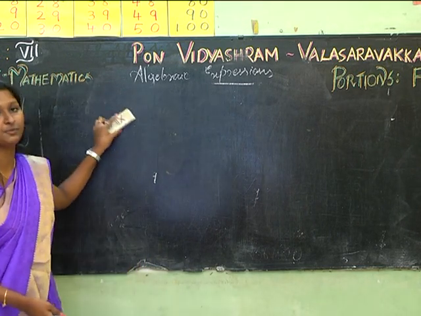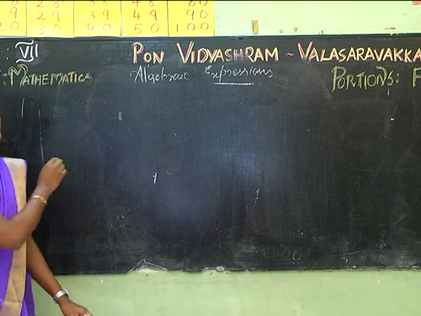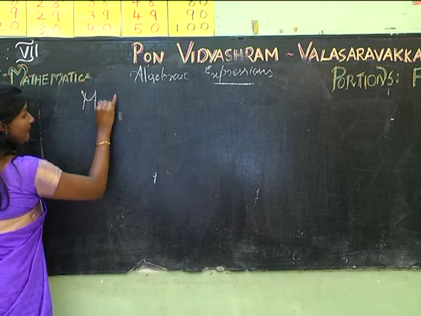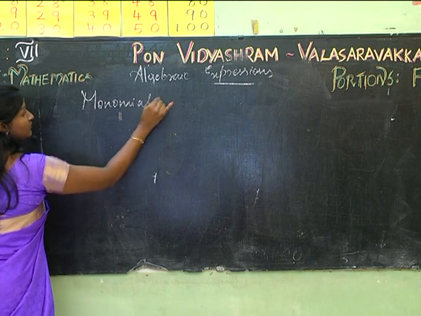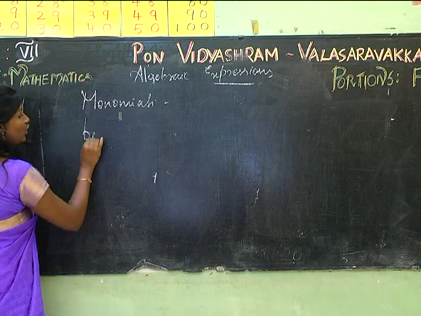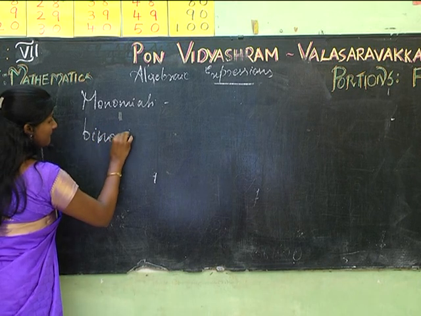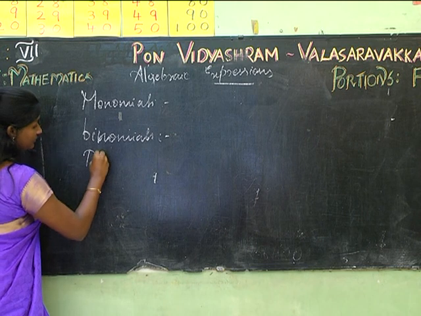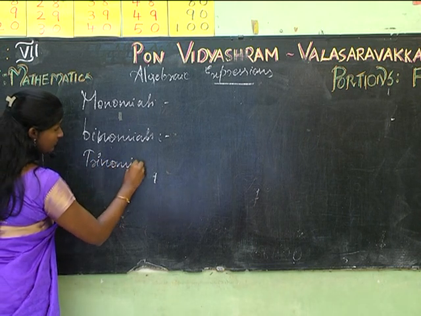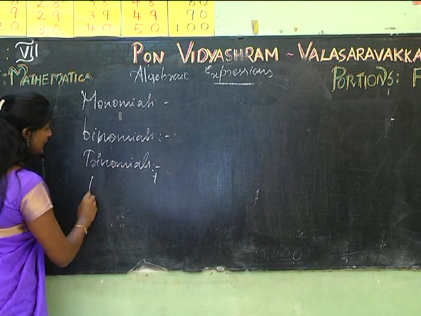There are 4 types of algebraic expression. My first type is monomials, and binomials, trinomials, and polynomials.